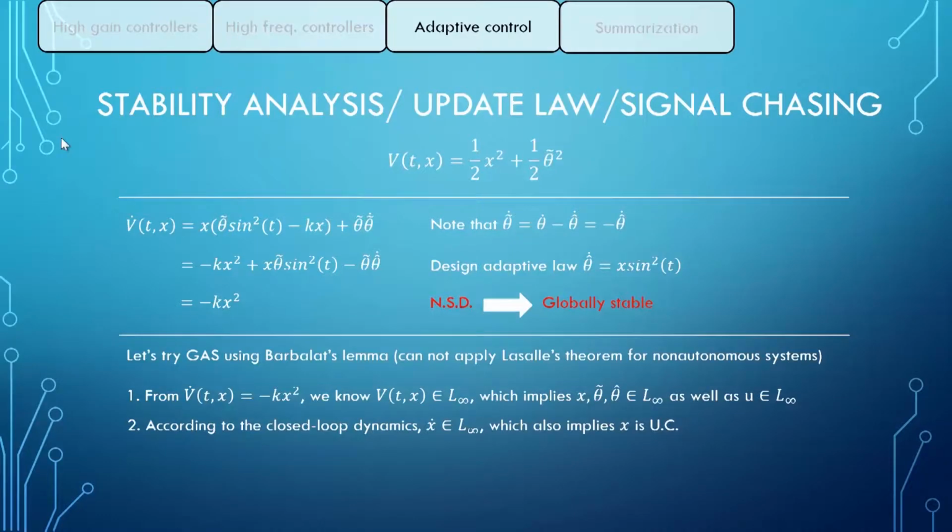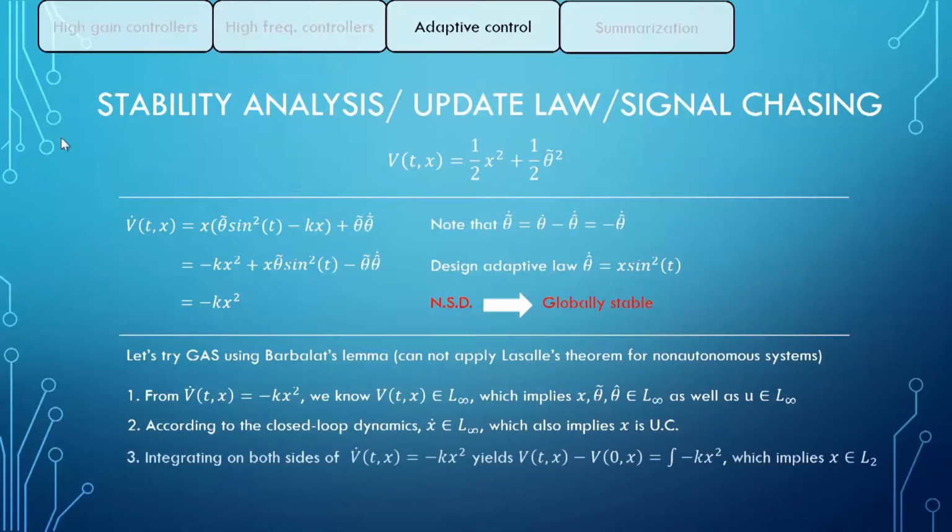The requirement to use Barbalat's lemma to show that x goes to 0 is that x has to be uniformly continuous and x has to be an L2 function. L2 function means the integral of x squared has to be bounded.